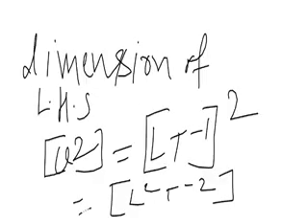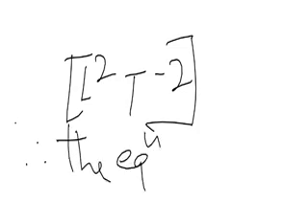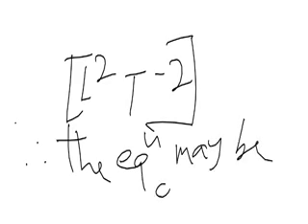Here LHS, L square T to the power minus 2, dimension of LHS, is equal to dimension of RHS, L square T to the power minus 2. So we say the equation may be correct. Therefore the equation may be correct.